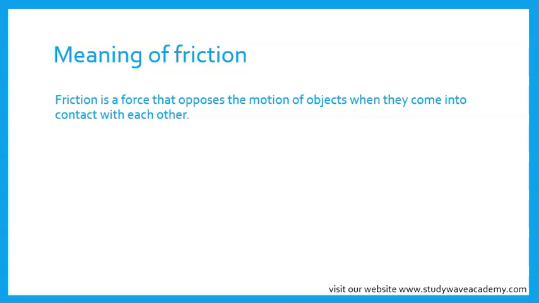Good. Friction is a force that opposes the motion of objects when they come into contact with each other. Friction is the force that makes it hard for things to slide or move when they touch each other. Do we understand?